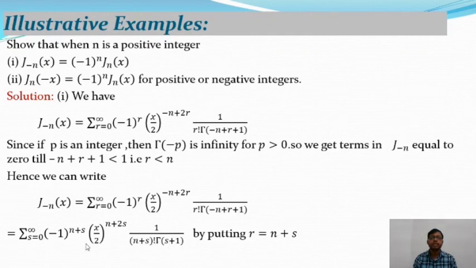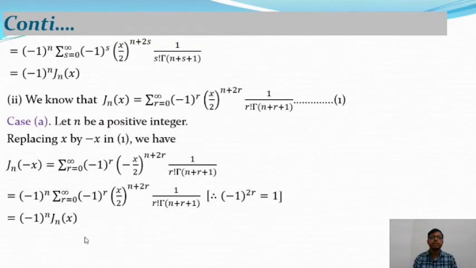Okay, and this is reduced to (-1)^n into the summation of s equals 0 to infinity (-1)^s (x/2)^{n+2s} into 1 by s factorial into gamma of n plus s plus 1.